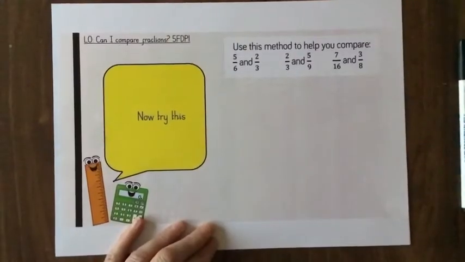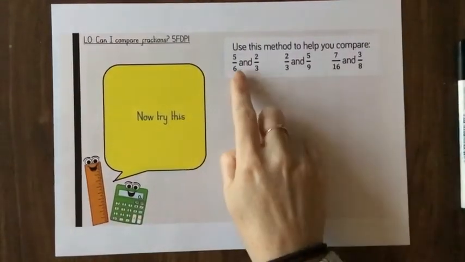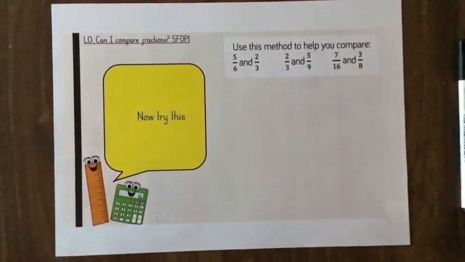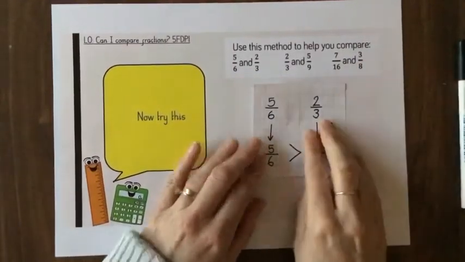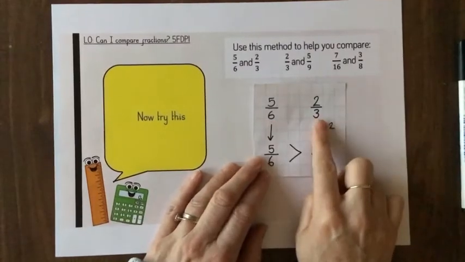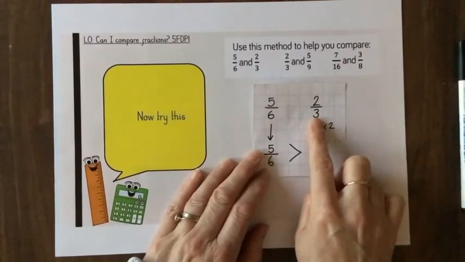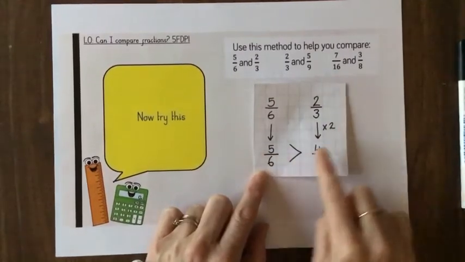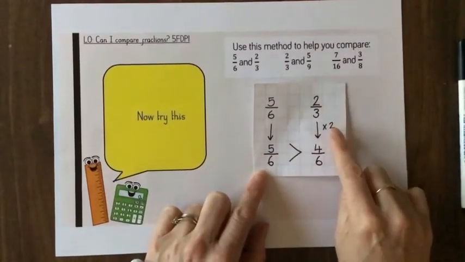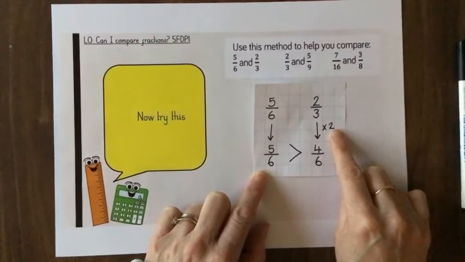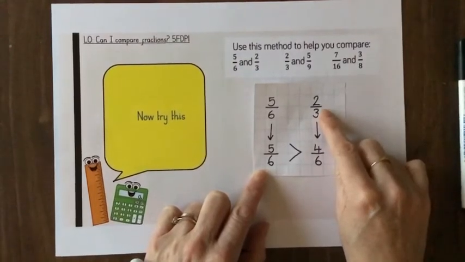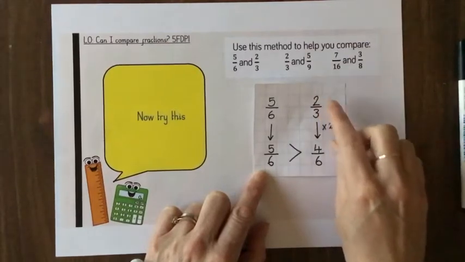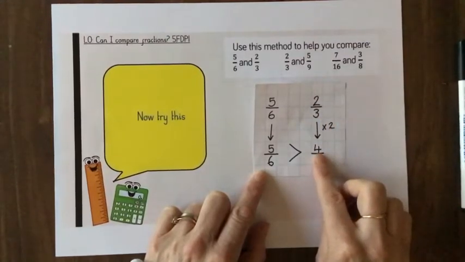Let's have a look at our first calculation then, 5/6 and 2/3. When we compare 5/6 and 2/3, we're going to want to turn thirds into sixths. So we keep 5/6 the same, and then we take 2/3 and we multiply it by 2. 3 multiplied by 2 is 6. 2 multiplied by 2 is 4.